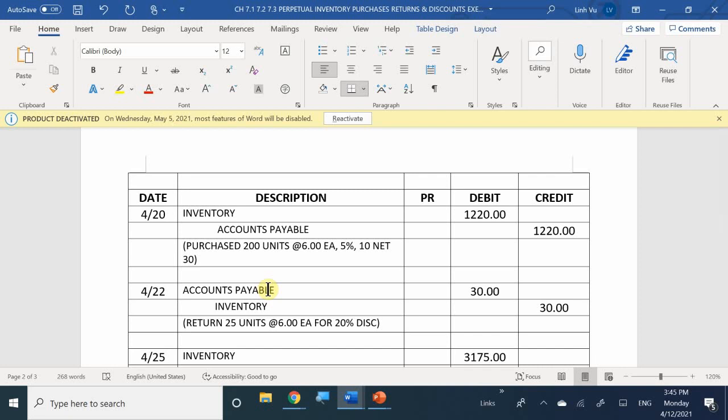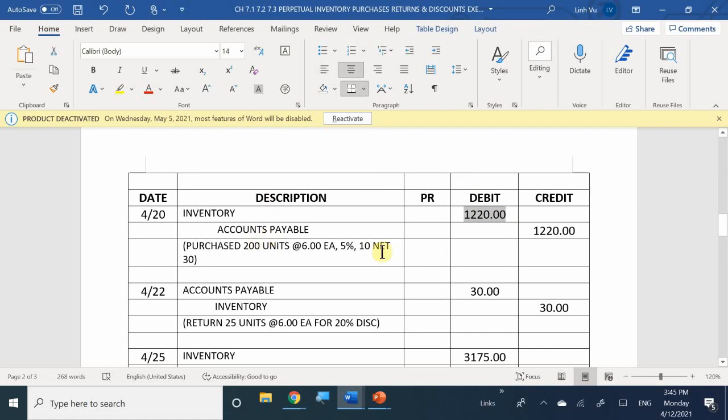So what's 1200 minus 30? 1170. 1170 plus 20 because we have to put back the freight. We're not subtracting, we're adding. Wait a minute, you got me confused. 1190. Okay, so yes.